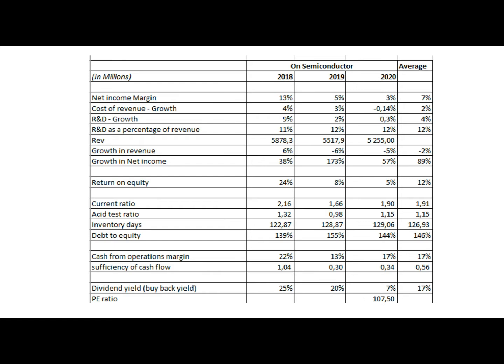So as a result of COVID, it did impact profitability, due to low manufacturing capabilities, sell less, make less. Now, looking at the cost of revenue growth as well as the R&D growth, in the case of cost of revenue growth, it has decreased.